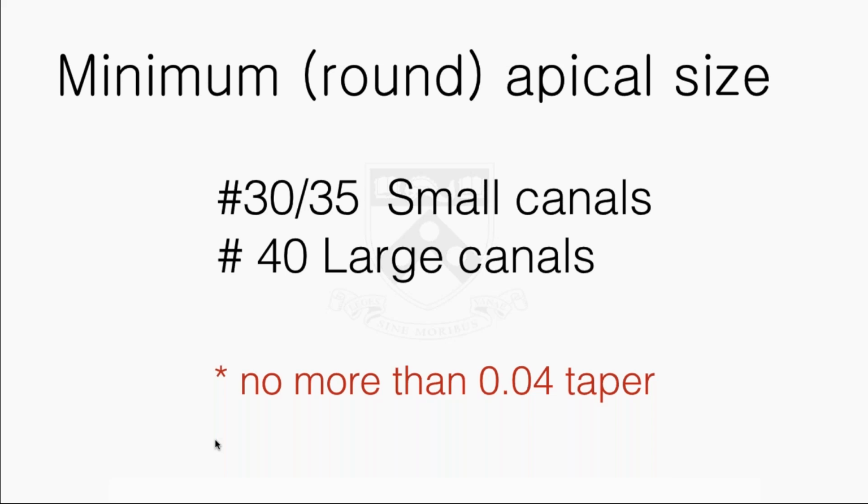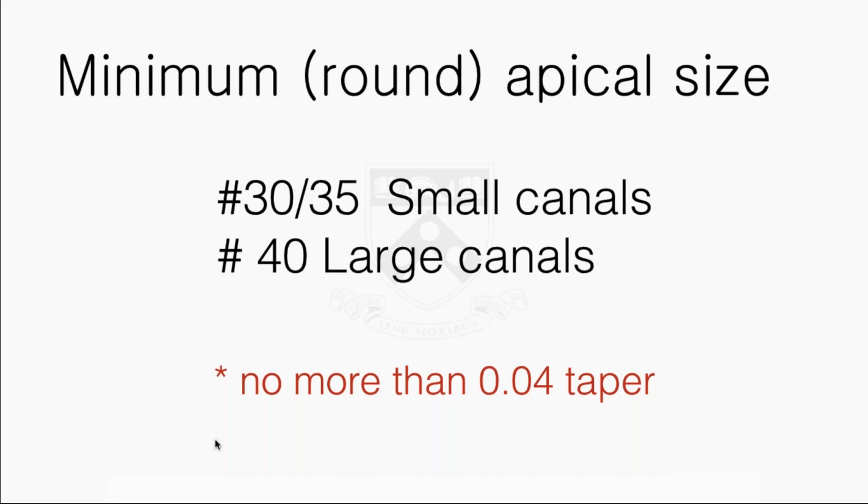And on a large canal, which would be a 1 canal distal on a lower molar, 1 canal palatal on an upper molar, a single rooted, single canal tooth, anterior teeth, canines, etc. The minimum would be size 40.